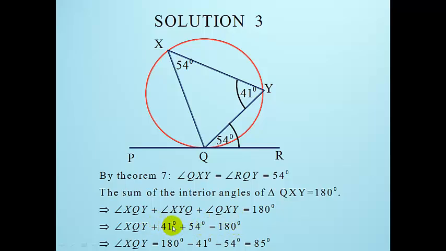So plus 41 degrees becomes minus 41 degrees on the right hand side, and plus 54 degrees also becomes minus 54 degrees on the right hand side. And so angle XQY, the angle at Q, is equal to 180 degrees minus 41 degrees minus 54 degrees, and the answer is 85 degrees.